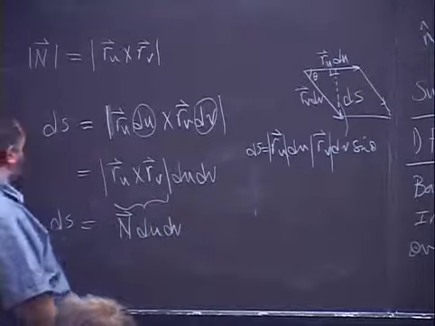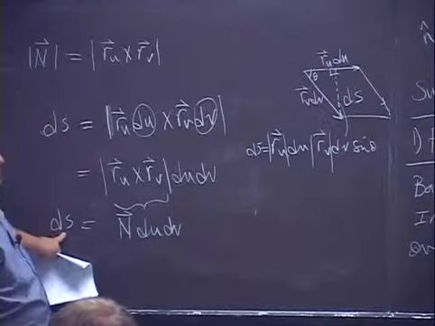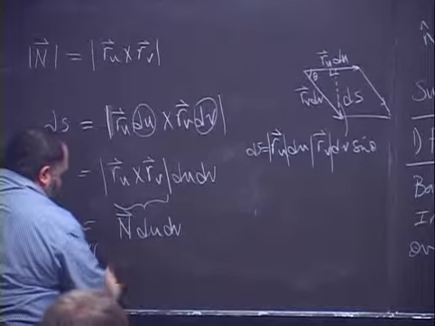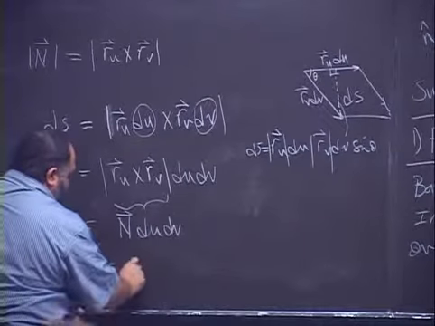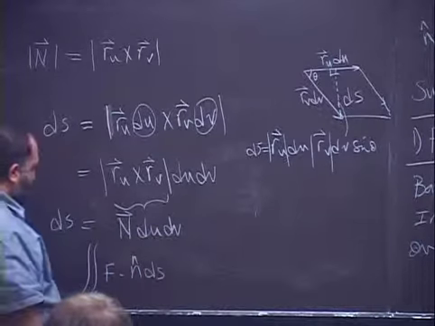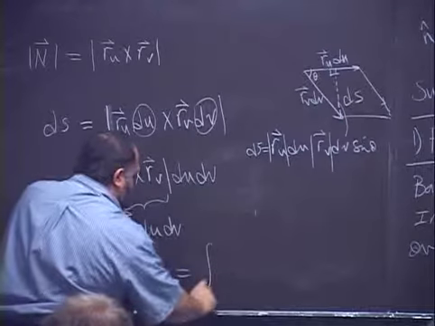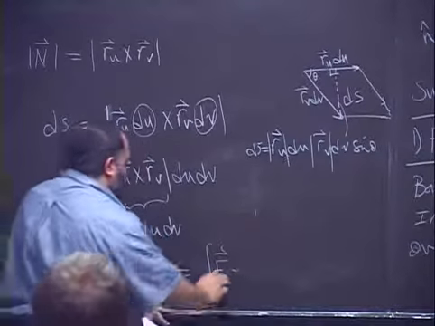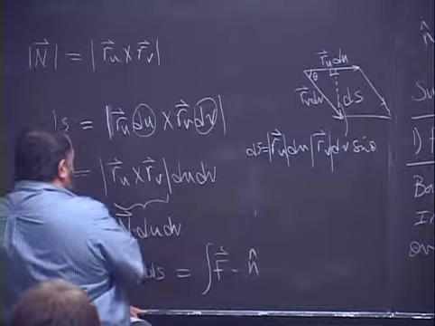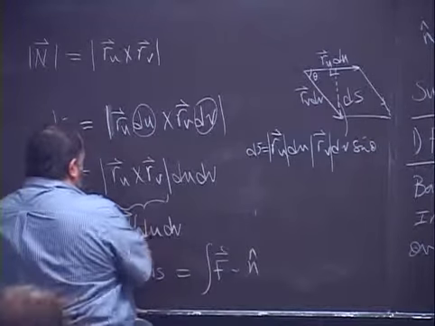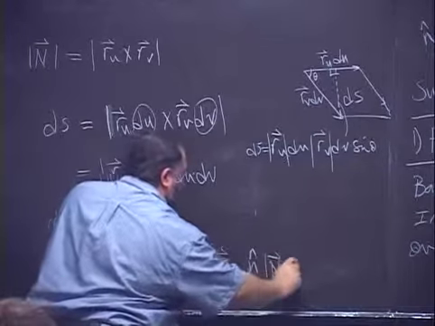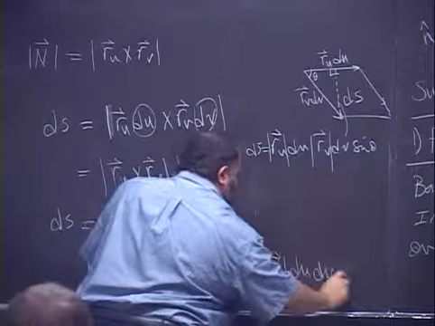So if you substitute in the left hand side of equation number 1, which is f dot n dot ds, this will give you f dot unit vector n dot ds. What's ds? It is the magnitude of N du dv.